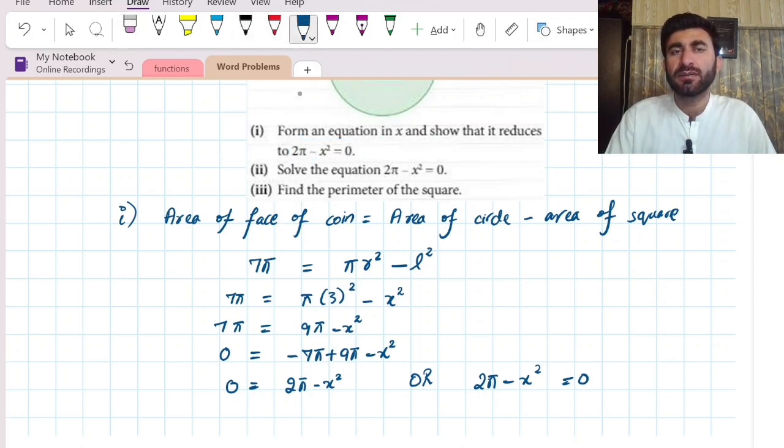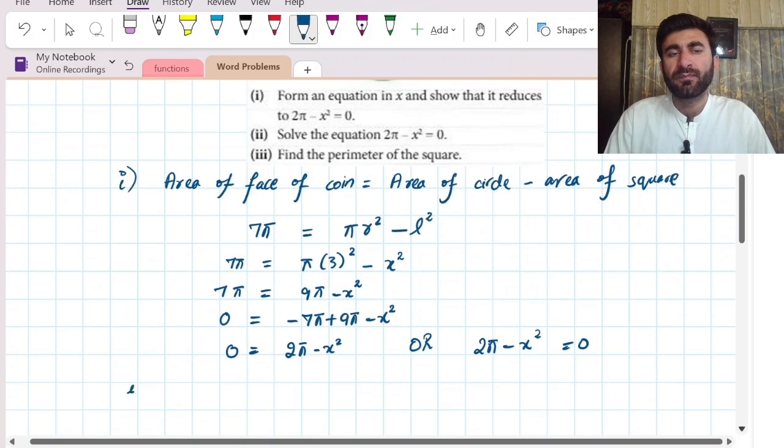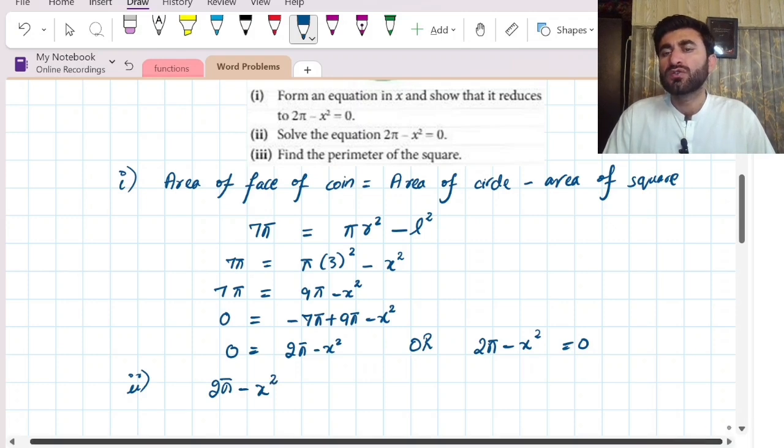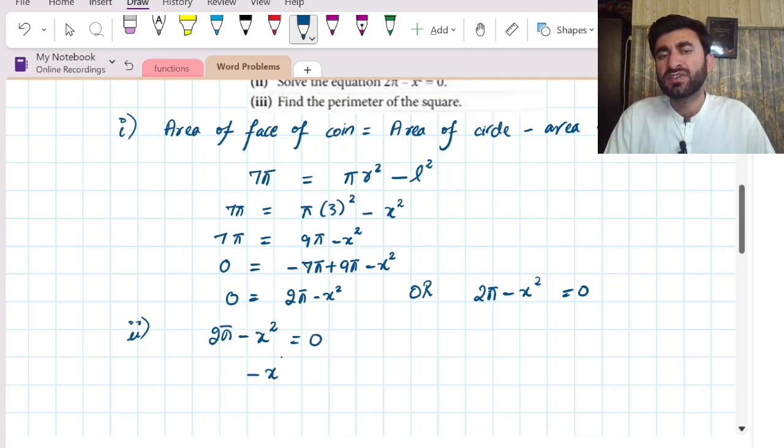And then in the second part, it said solve the equation 2 pi minus x square equals 0. In order to solve the equation, we are given that 2 pi minus x square equals 0. Let us first move 2 pi to the right hand side and keep x square over here. 2 pi will become negative 2 pi when moved to the right hand side, and we can cancel the negative on both sides. So we are left with x square equals 2 pi.